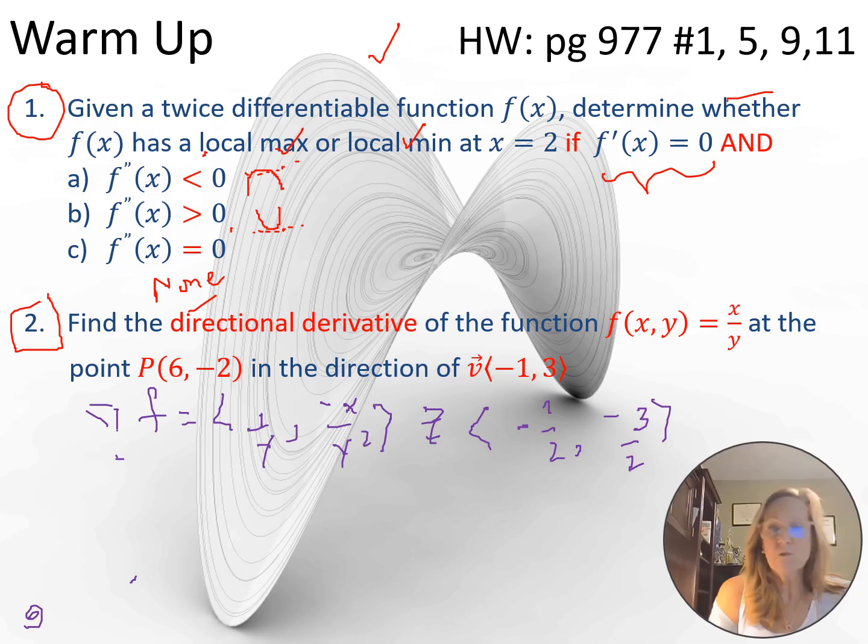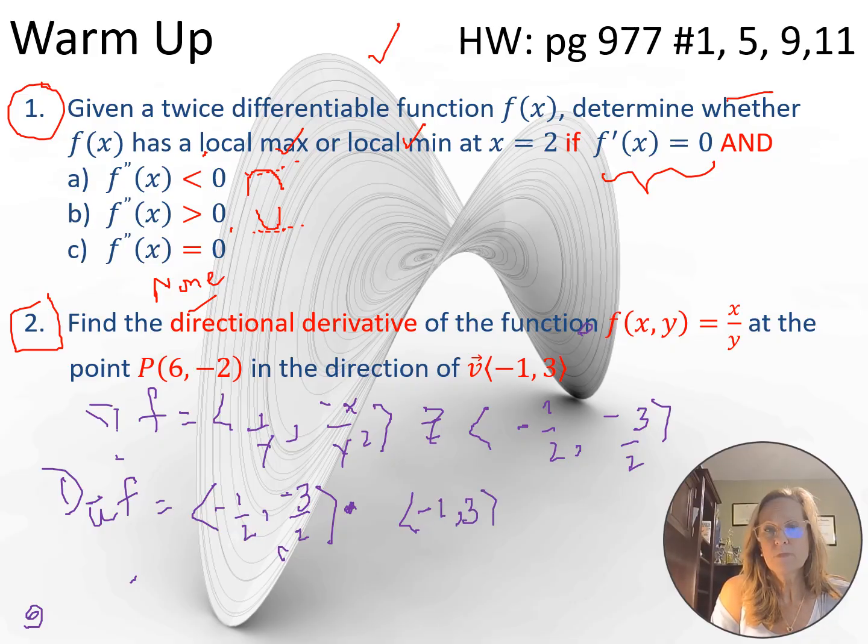And then remember, in order to get the directional derivative, you need the unit vector that goes with our direction vector dotted with the grad that we just found, grad f. So we have <-1/2, -3/2> dotted with <-1, 3>.